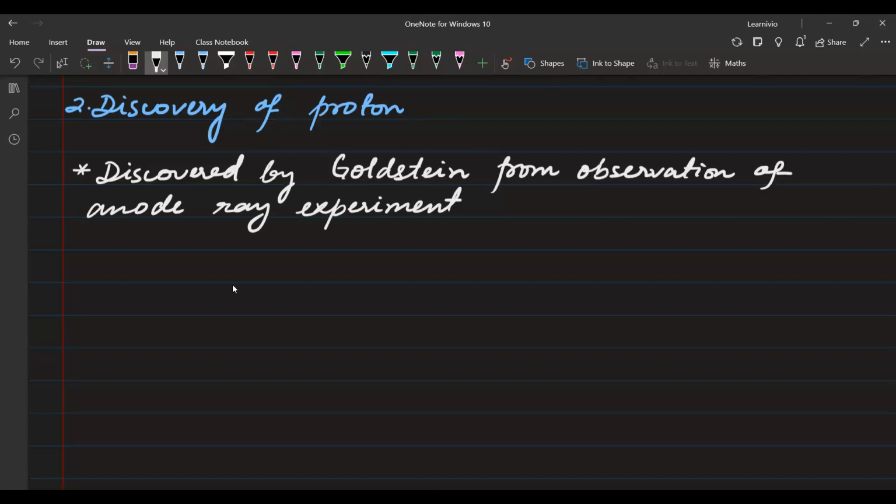Now you don't have to go into details of this. The only point that you want to write is the charge by mass ratio, q by m.